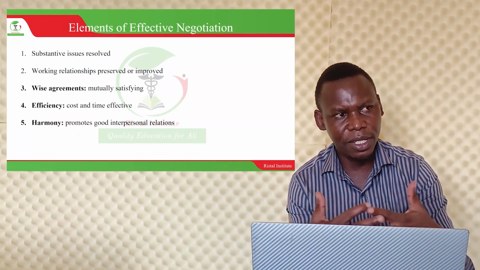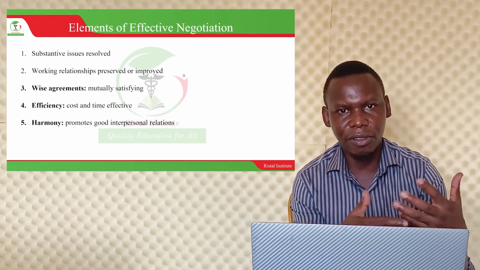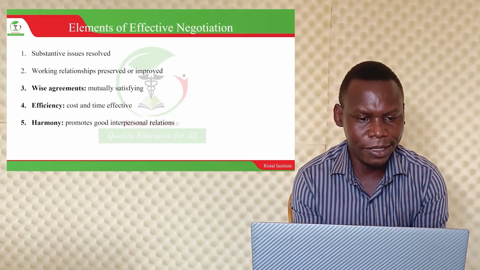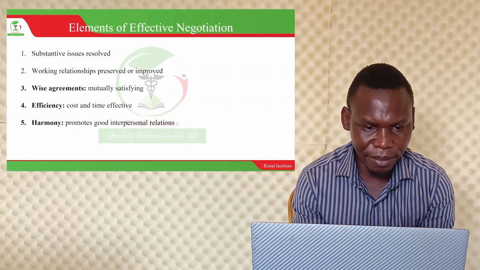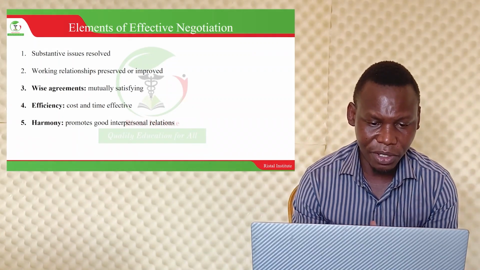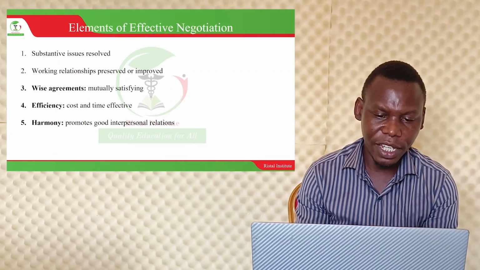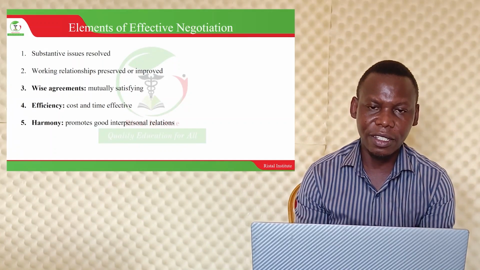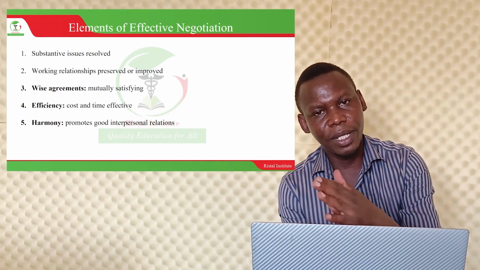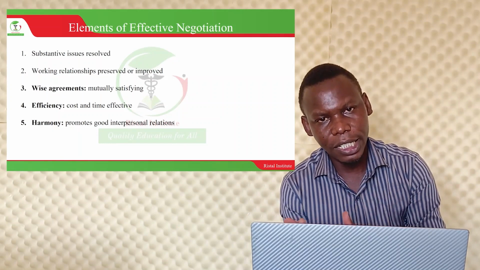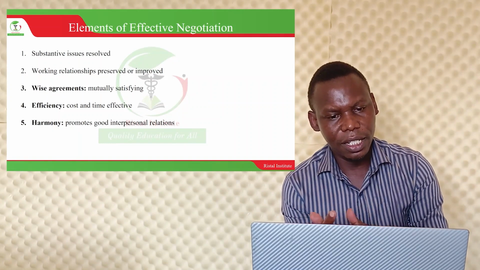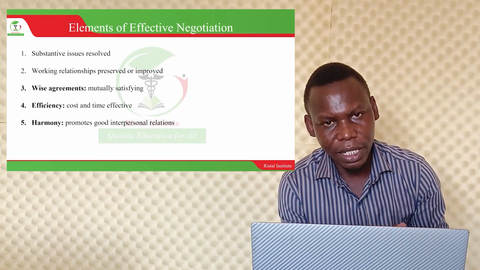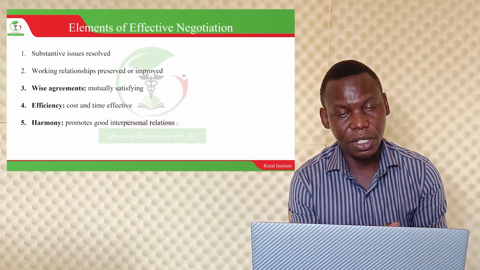That means there must be some bonding and some friendship created and all that. Wise agreements are mutually satisfying, both parties winning, in other words, a win-win agreement. Efficiency, cost and time effectiveness. All the resources that have been set have been used efficiently, and the target has been achieved. That is also another very important element in our negotiation.